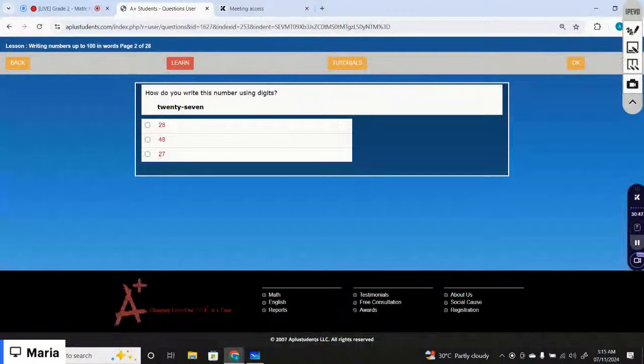How do you write this number using digits? 20, which is the correct option?